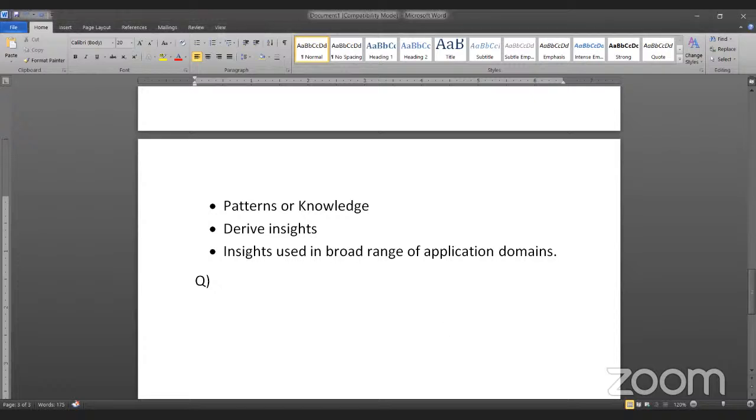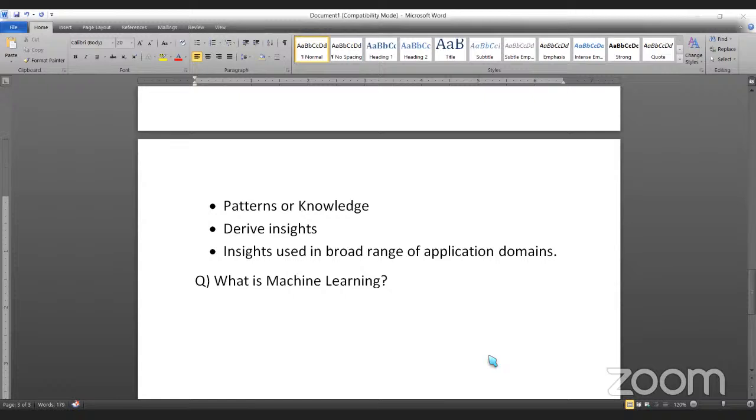Now, next, what is machine learning? Machine learning is a field of study which gives computers the capability to learn without being explicitly programmed.